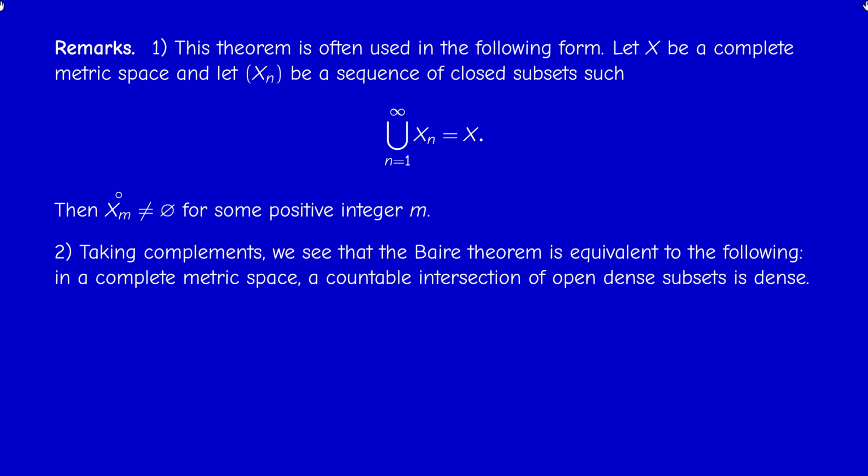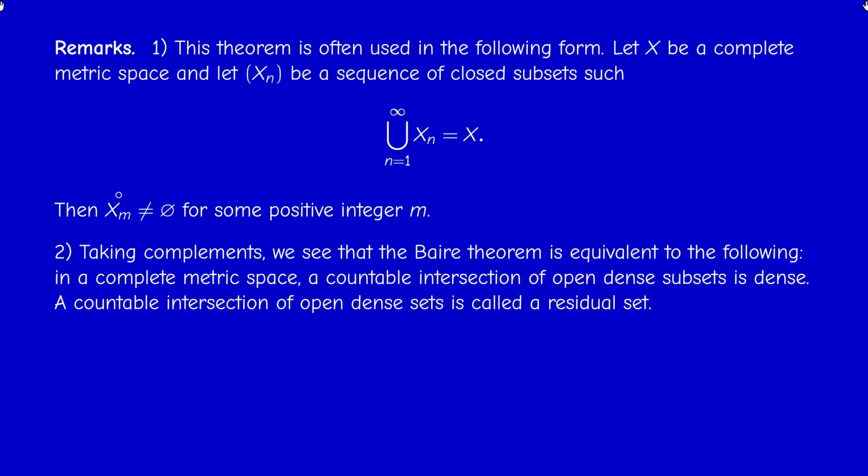Okay, because saying that the interior of Xn is empty means that the closure of the complement is dense. And when I take complements, closed sets become open sets and vice versa. Okay, so this is very easy.